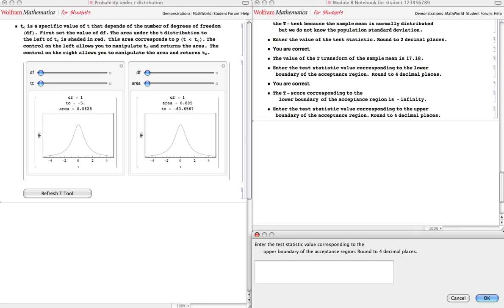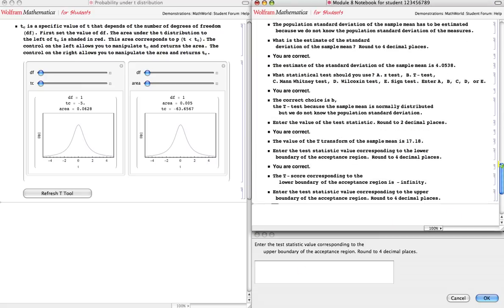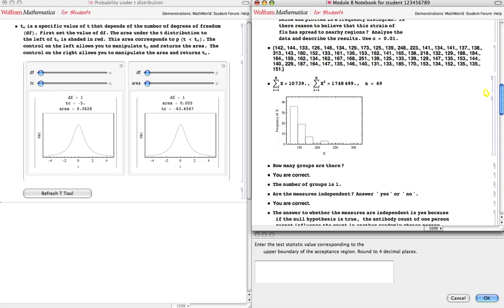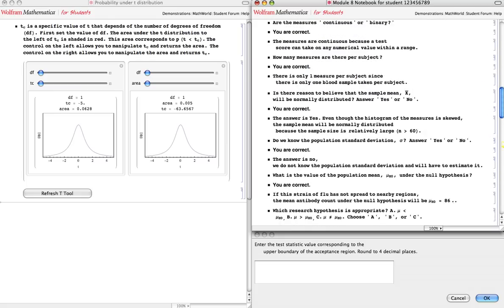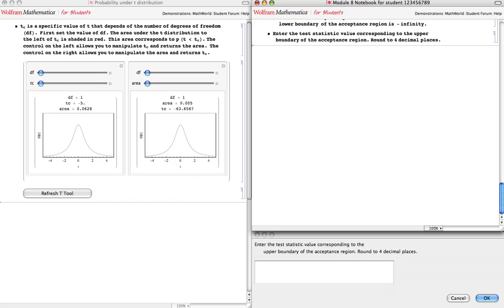Alright, enter the test statistic value corresponding to the upper boundary of the acceptance region. This is simply the critical value for t. It'll depend on the alpha we're told to use. It's 0.01, as you can see here. And degrees of freedom are 68 because we have 69 individuals in our sample.